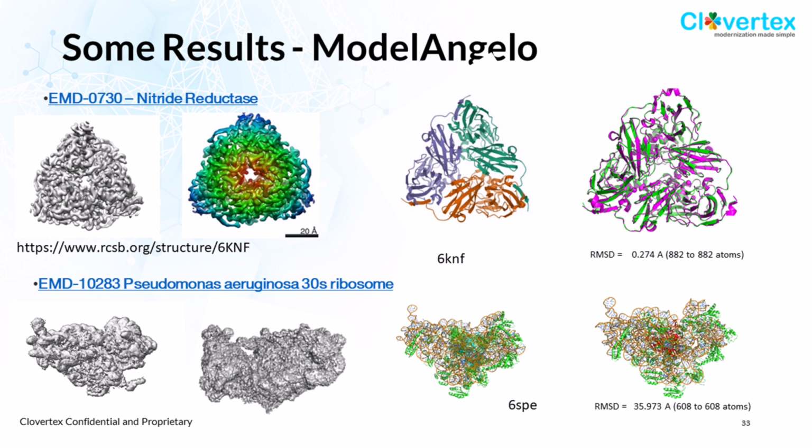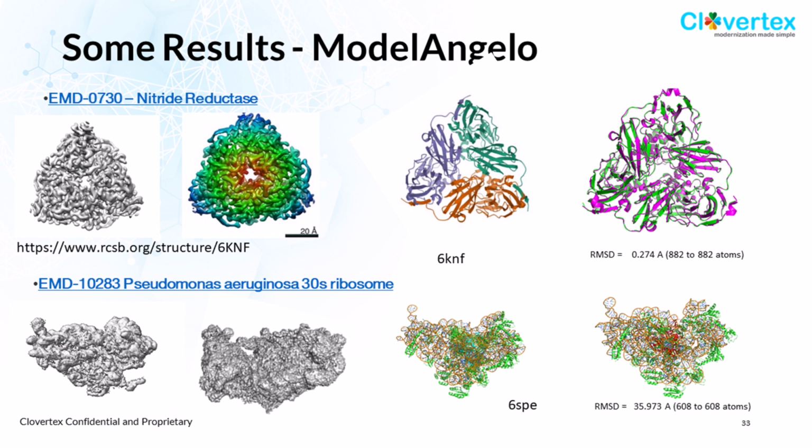We have done some experimentation on bringing in ModelAngelo. What we found is that if the resolution of the cryo-EM map is good, in the sense of it being 3.54 angstroms, it maps well. So the RMSD for, say, 6KNF is roughly 0.27, which is fantastic. But there are some proteins where the resolution is bad.